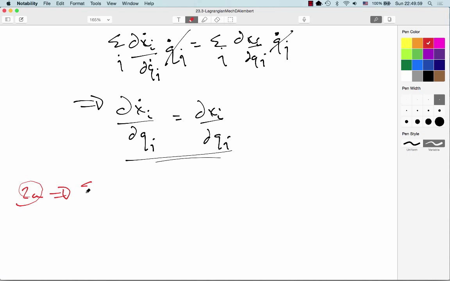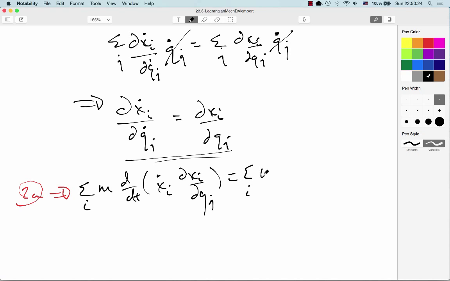Now let's take a look at that 2a term. That was sum over i of m d/dt of xi dot partial xi partial qj. With this relation that we had before, that equals sum over i of m d/dt of xi dot partial xi dot partial qj dot.